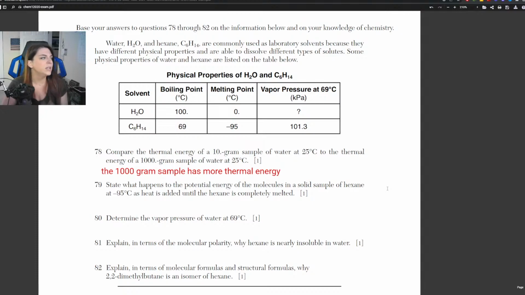Okay, question 79 says, state what happens to the potential energy of the molecules in a solid sample of hexane at negative 95 Celsius as heat is added until the hexane is completely melted. Okay, so we're starting at negative 95, and it starts out solid.